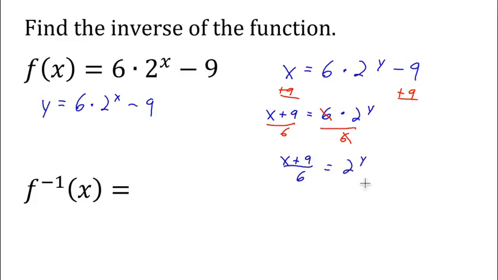And now we can use the definition of a logarithm to rewrite this, which will allow us to get an equation that says y equals. The base is 2, so we'll have log base 2. The log will always equal the exponent, and the exponent in this case is y. And that other part fills in here.